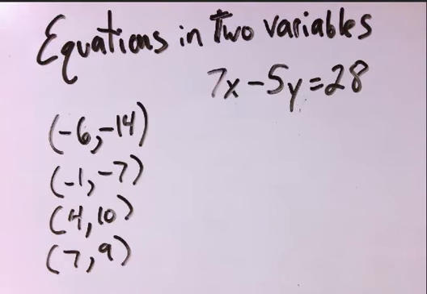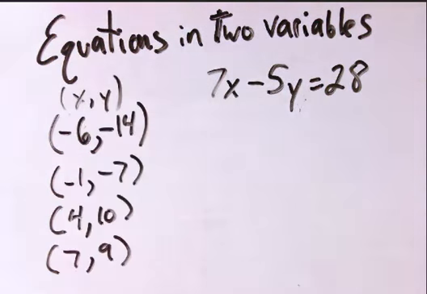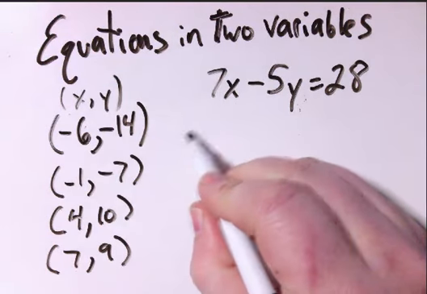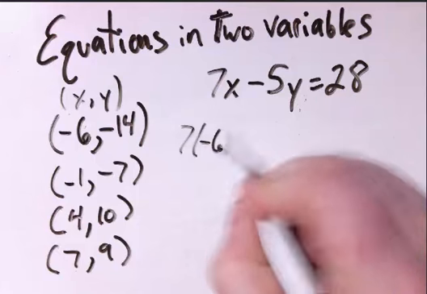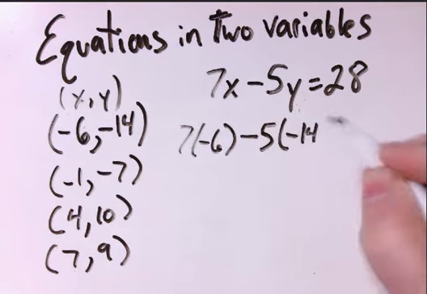Okay, for this question here, we're going to be asked to find which one of these ordered pairs in the x, y form are solutions for this equation. So what we can do is actually just start plugging in these numbers. So we can go 7, negative 6, minus 5, negative 14.